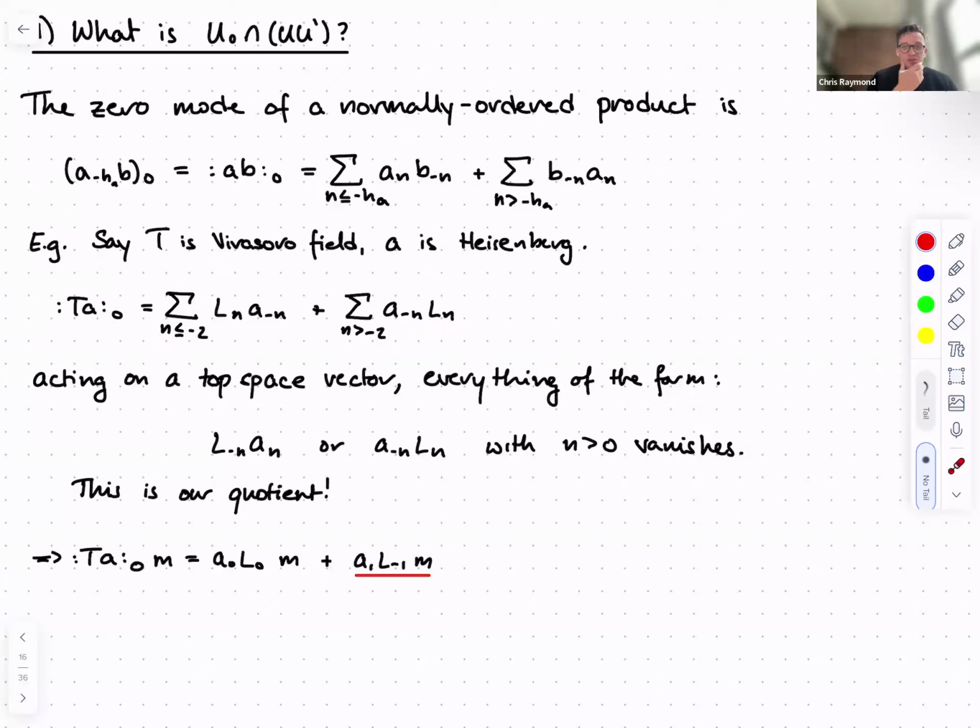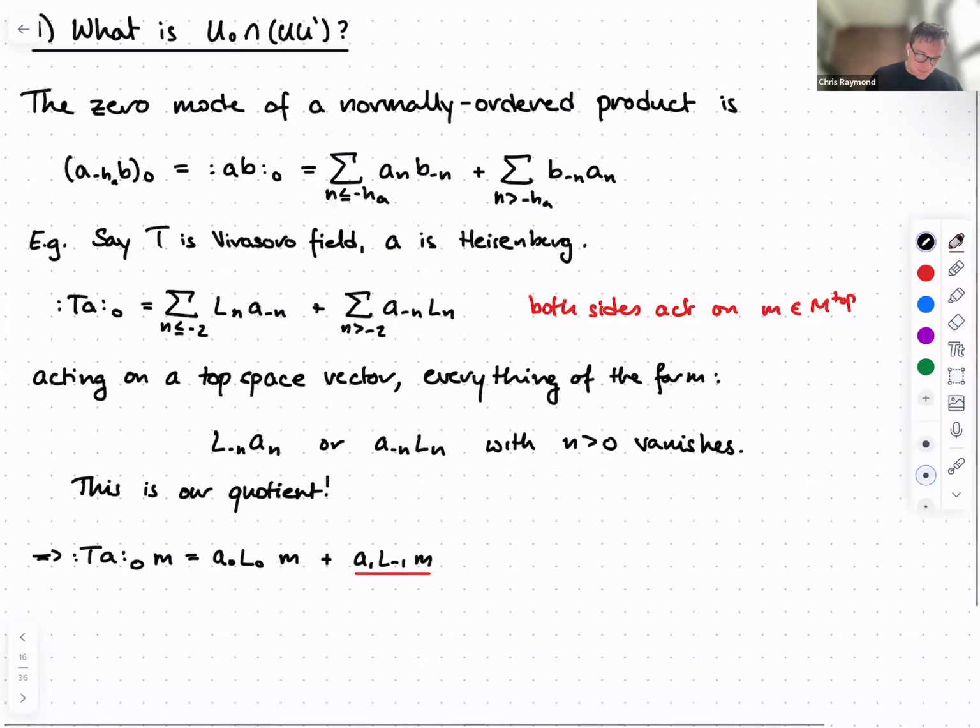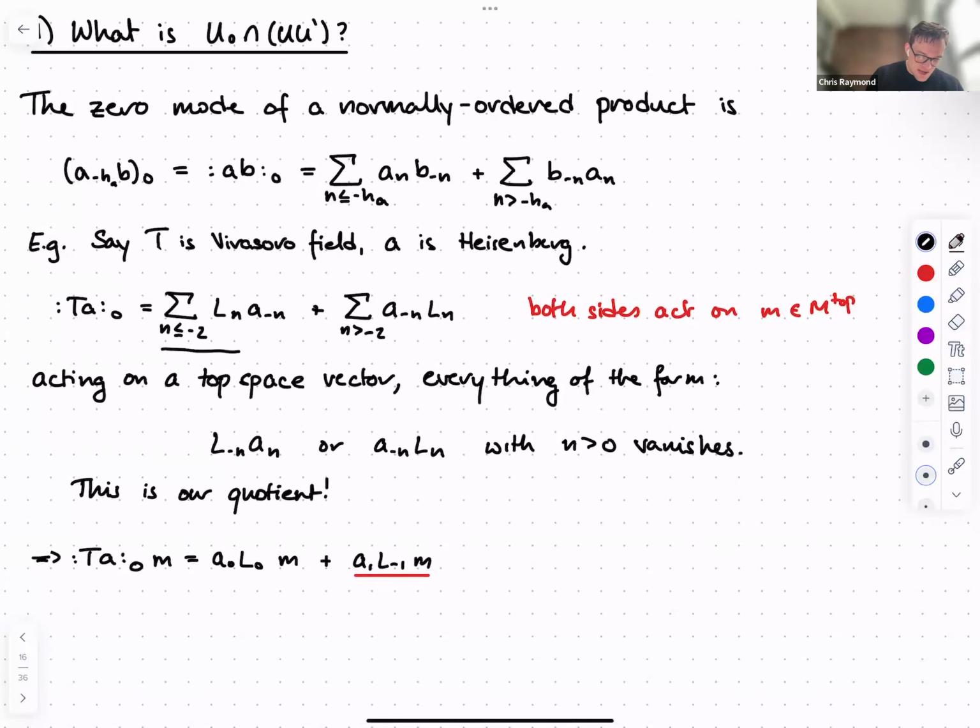And what I want to do is think about what this thing would do if it were to act on a top space vector. So if I act such a thing on some m in M top, then what's going to happen? Well, then all of the terms that I have, for example, here, I'm going to have, that's not what I wanted.